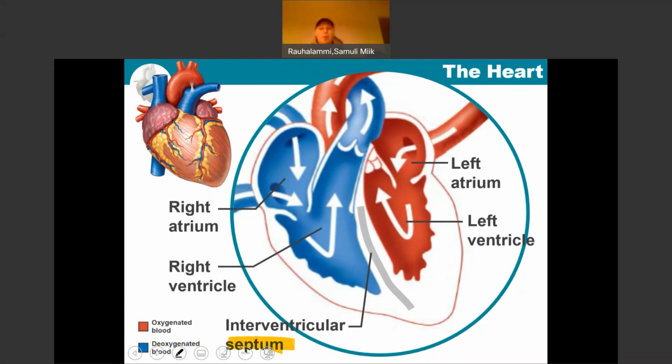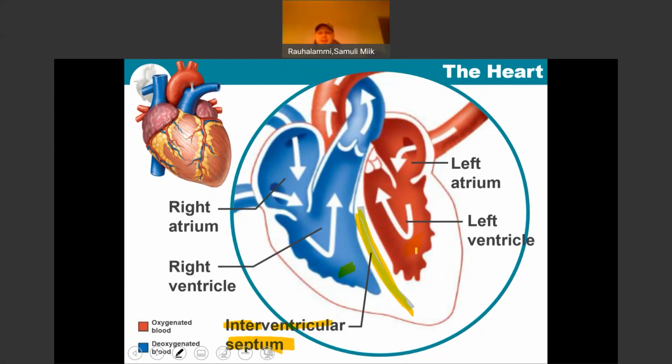So it's going to be a wall between the ventricles. That's the explanation for the name interventricular septum.